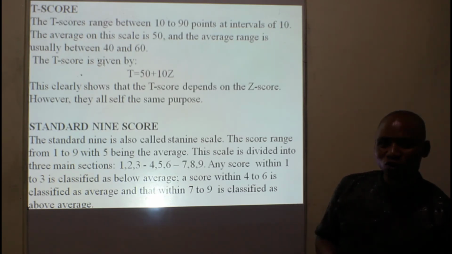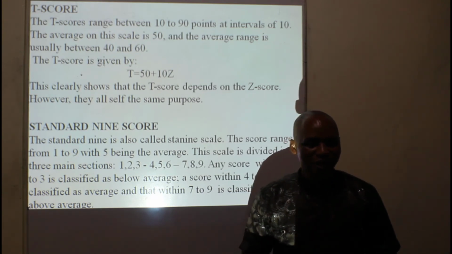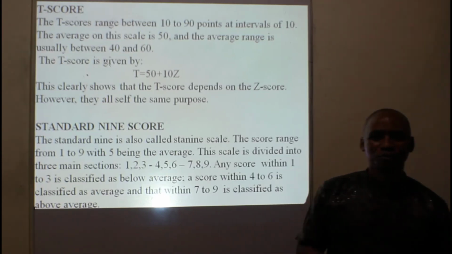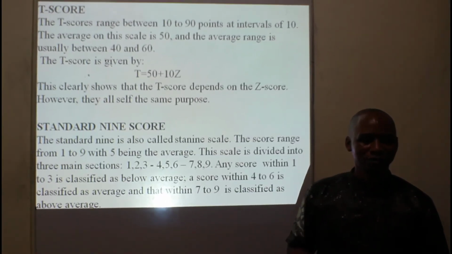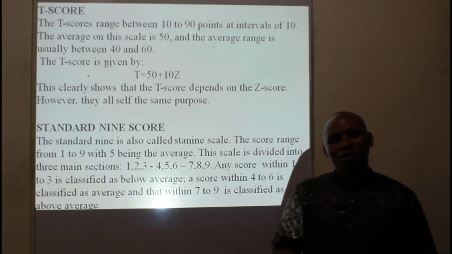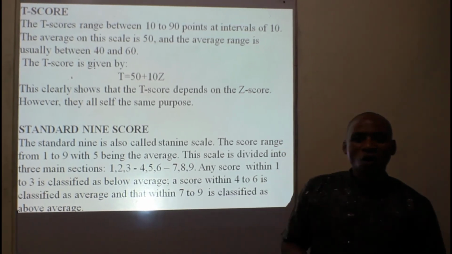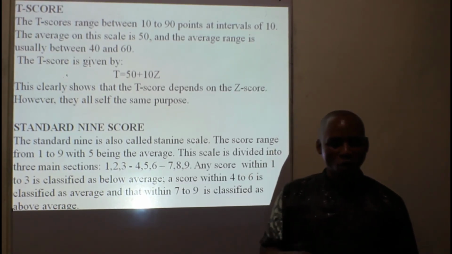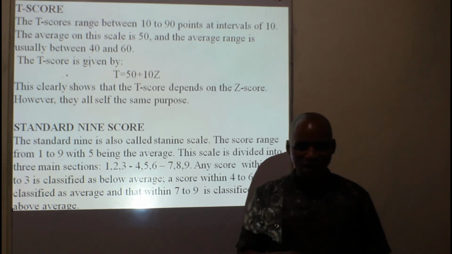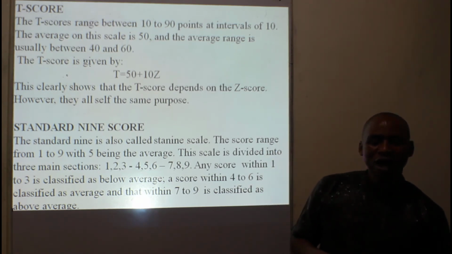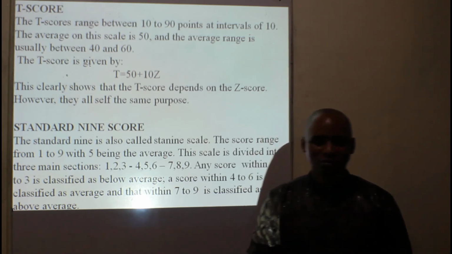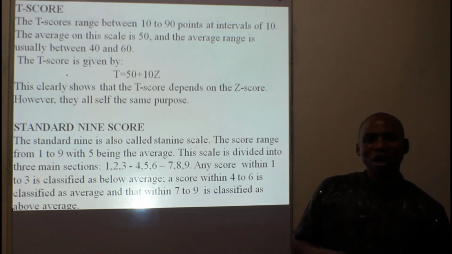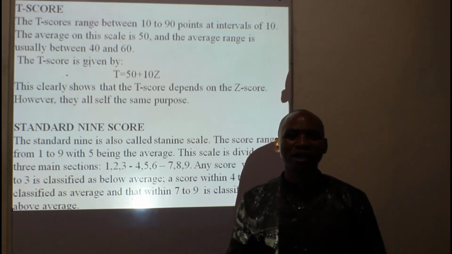Now let's move on to the second entity under the standard scores. That's the T-score. The T-score scale ranges from 10 to 90 at intervals of 10. The average of the T-score is normally 50.